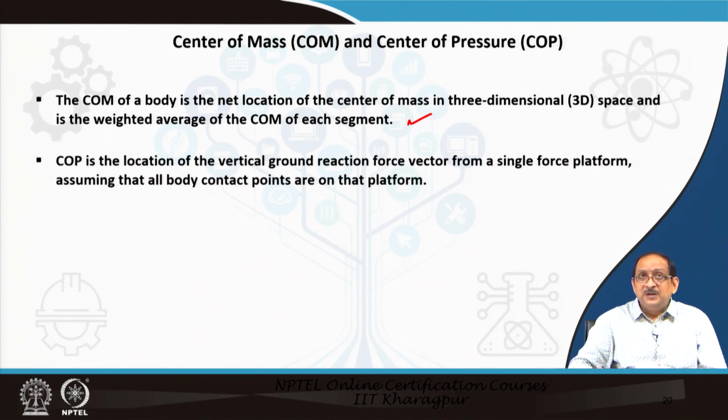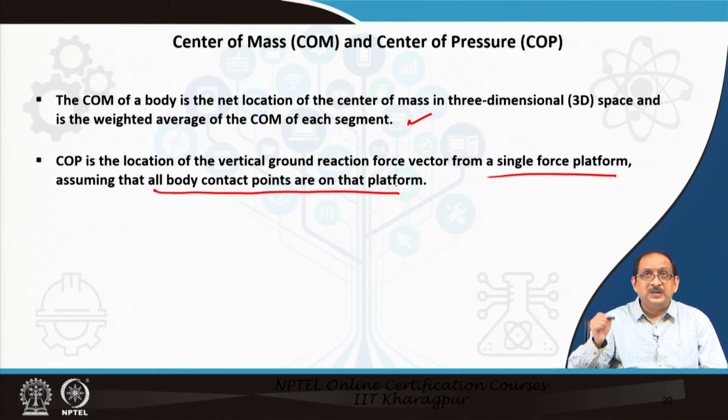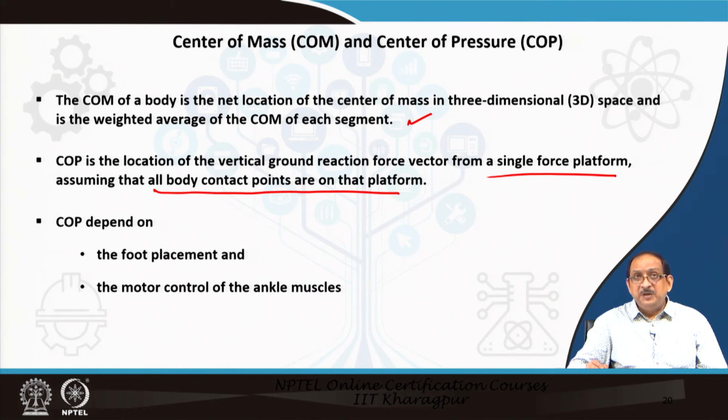The center of pressure is the location of the vertical ground reaction force vector from a single force platform, assuming that all body contact points are on that platform. The COP depends on the foot placement and the motor control of the ankle muscles.